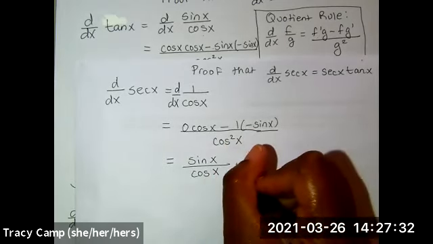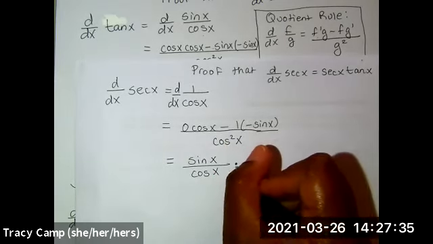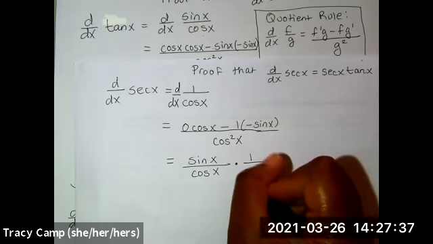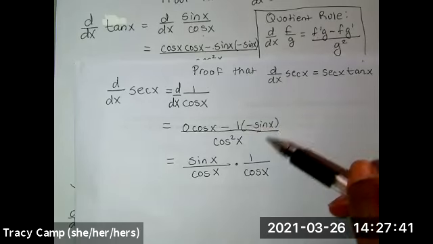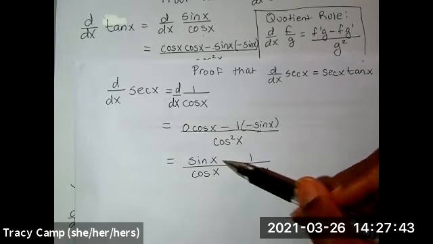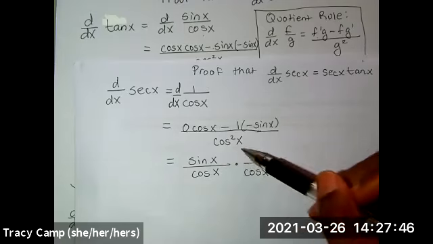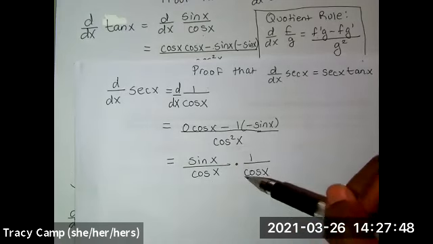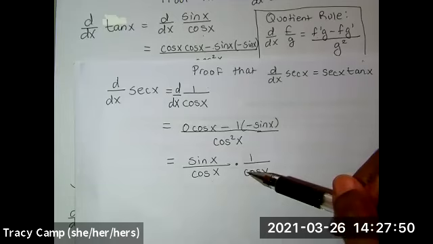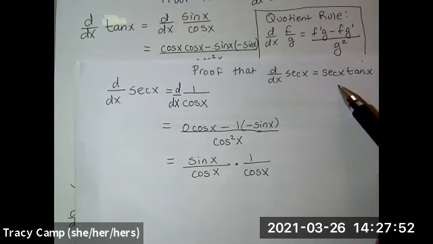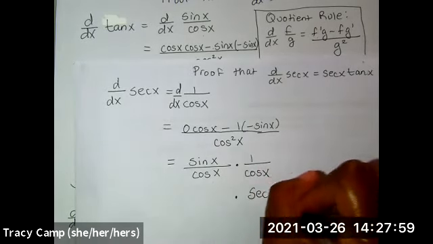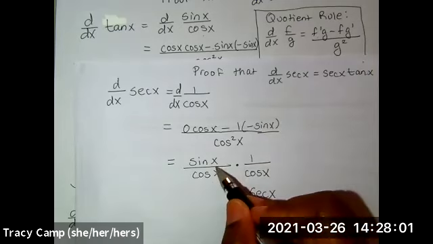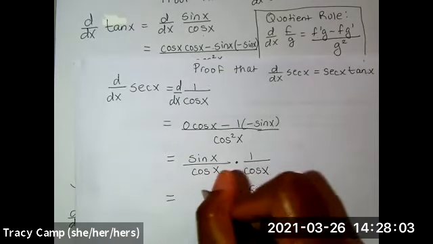I'm just going to write that like this. So my numerator is just positive sine of x. And then my denominator is cosine of x times cosine of x. I'm writing it like this because we're showing that this is equal to secant of x.